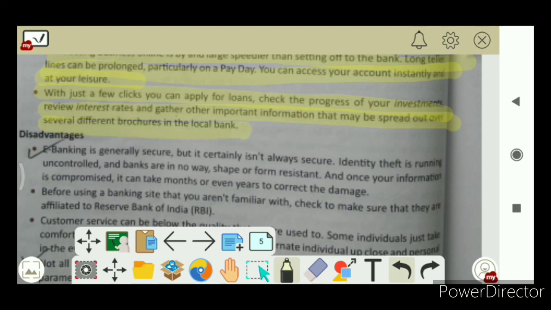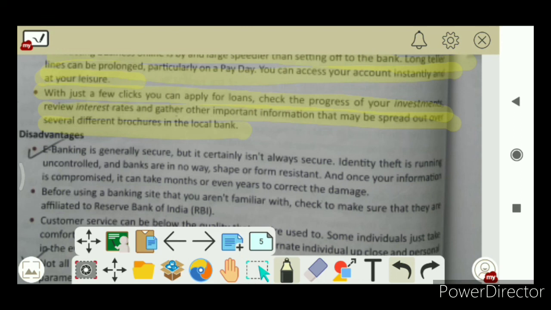It means if you want to know something about the policies, rules, new statements, interest rates, types of accounts, or types of services provided by the bank, you simply have to click on the site, and with a few clicks you can get information about each and everything without going to the bank.